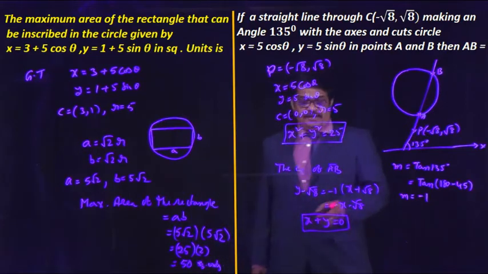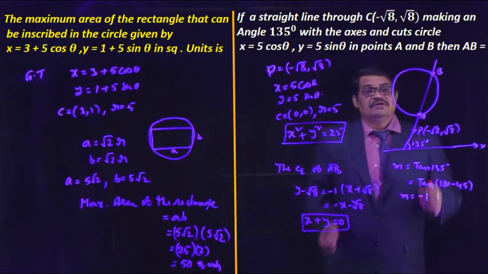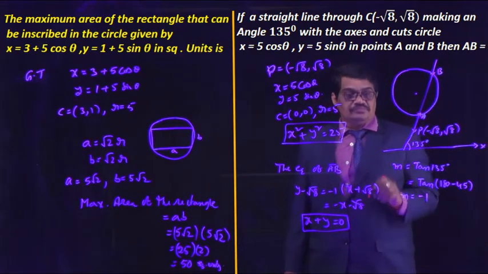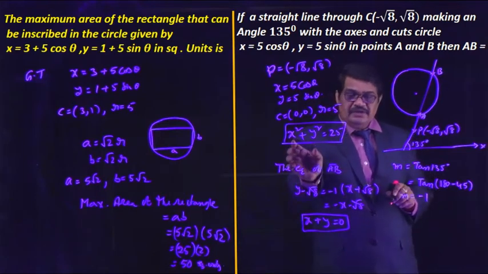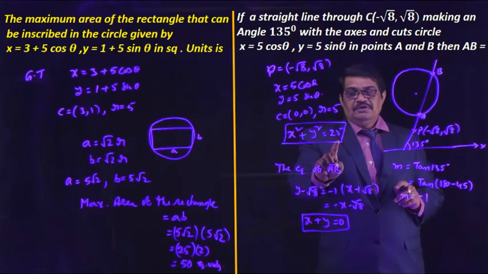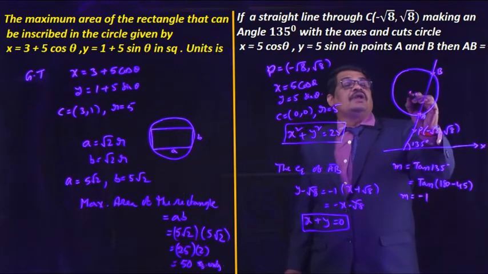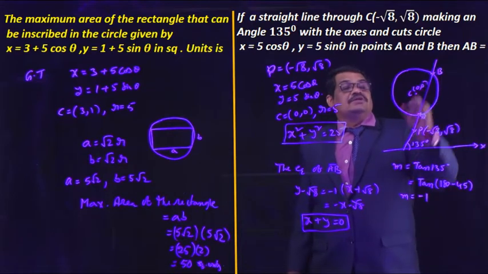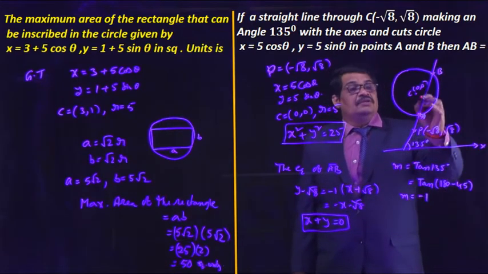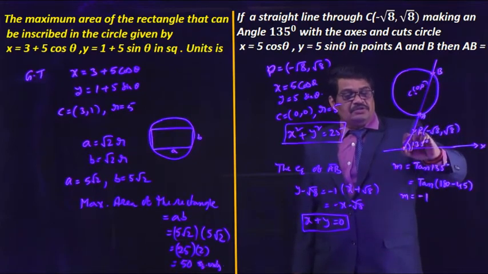So this is the line passing through the origin. Here what is the origin? Origin is the center of the given circle. What is the center of the circle x square plus y square is equal to 25? The center is 0 comma 0. So this line is passing through the center 0 comma 0.